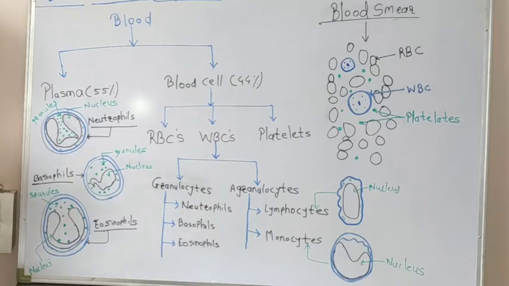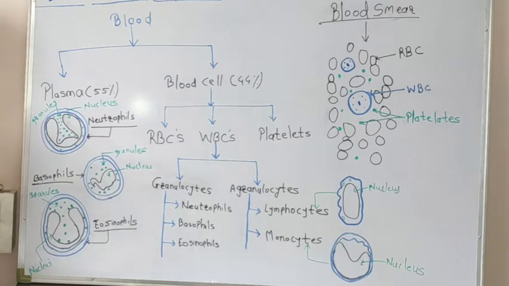But when these WBCs increase uncontrollably, that means an uncontrolled increase of WBCs only happens in blood cancer, and it is called leukemia.